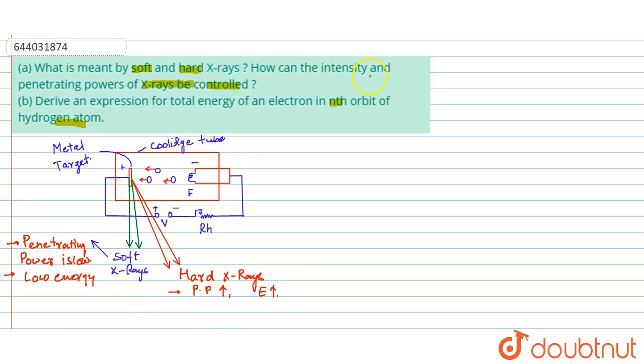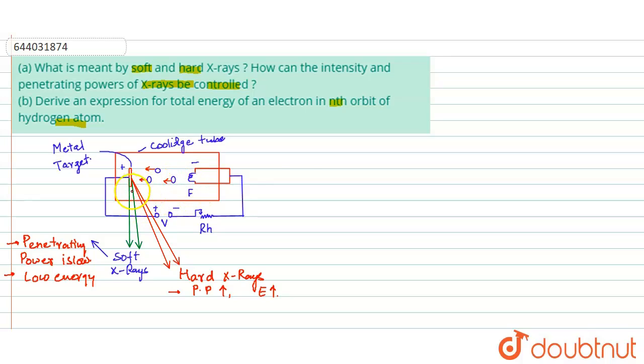Now, how can the intensity and the penetrating power of X-rays be controlled? How can you produce more intensity, meaning more X-rays? You can understand that if more electrons fall on this metallic target, then more X-rays will be emitted, which means more intensity.